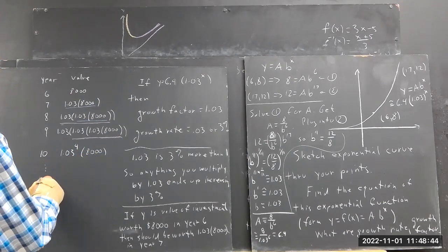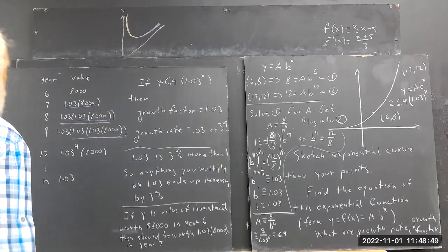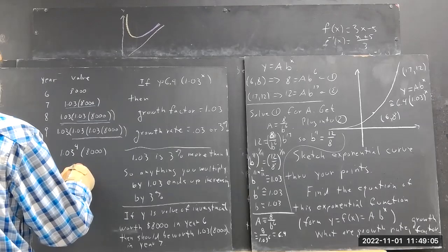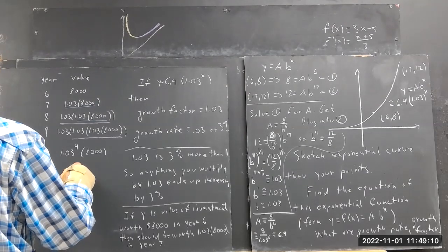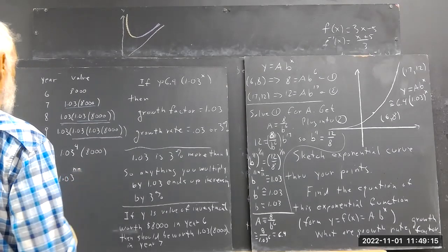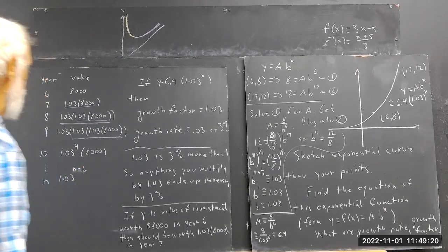And then in year N, okay, so in year 20, how many 1.03s am I going to have? I'm going to have 10 more, right? Turns out in year N, it's going to be N minus 6.